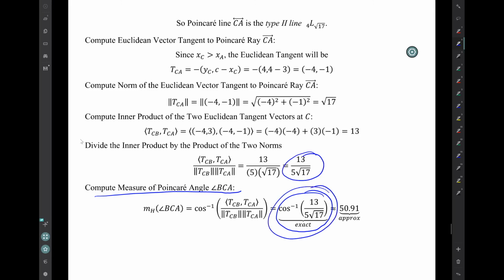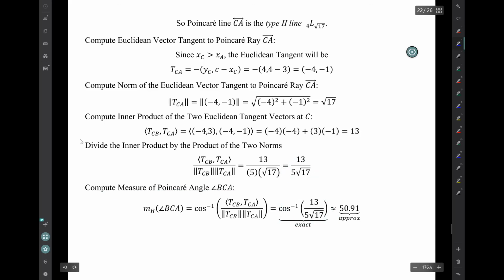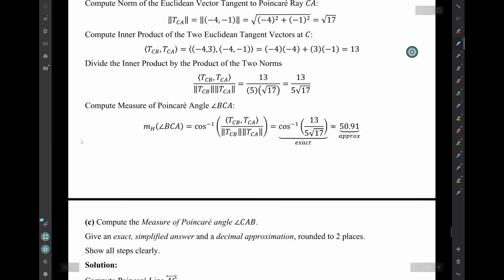You're only going to have an approximate expression. So the only way to write this angle measure exactly is to leave those symbols as they are and write that. And then I can type all of this into Wolfram Alpha or into a handheld calculator, but I like Wolfram Alpha better, and I get this decimal approximation. Let's go on.